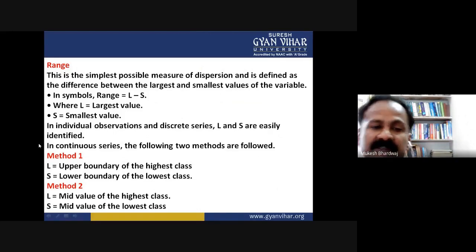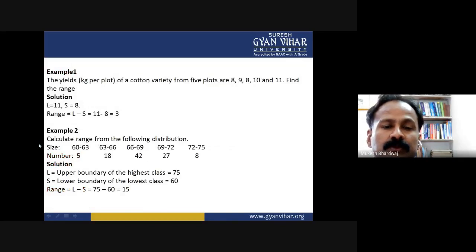But in the case of frequency distributed data or class frequency distributed data, you need to do the calculation somewhat differently, by choosing the highest value as the largest and the lowest as the smallest.